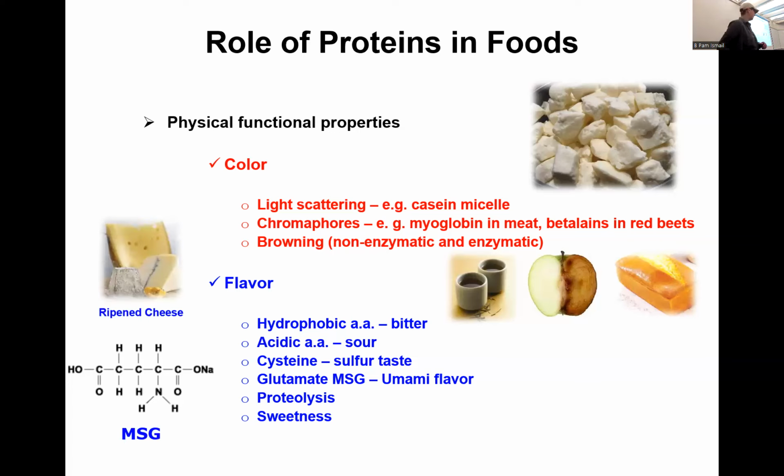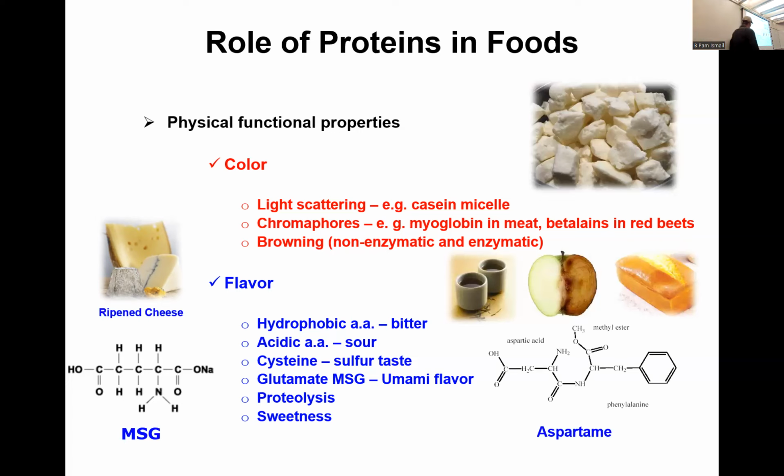Proteolysis and lipolysis happen during ripening of the cheese, with the microbial presence and the enzymes there chopping off your protein and your lipid, giving you that characteristic taste and flavor of your cheese.